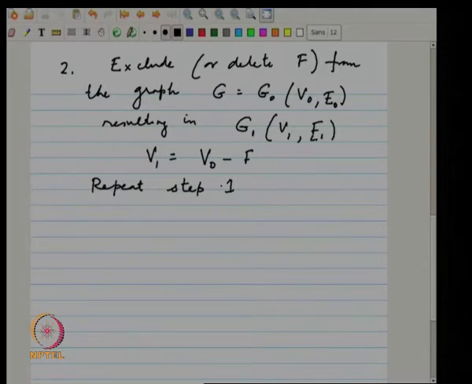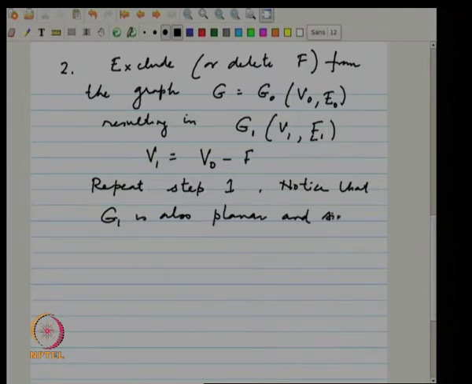That is, we again find a fractional independent set. Notice that G 1 is also a planar graph. You are only throwing away vertices and edges, so if a graph was planar initially, it must remain planar. Similar arguments apply.